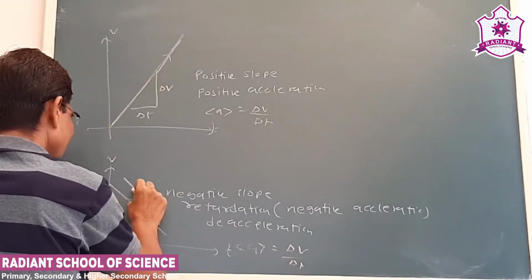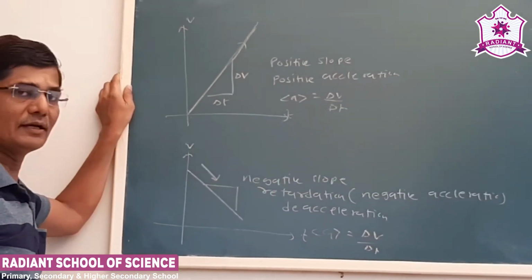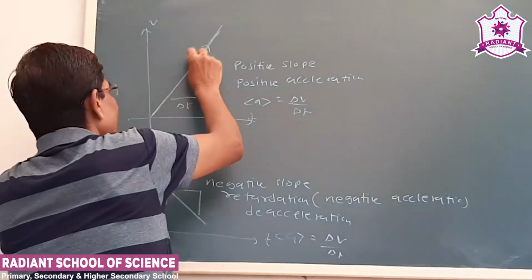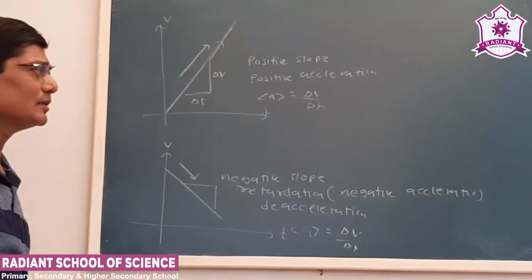So if the v versus t graph is going downwards, we say it is a negative acceleration, and if it is going upward, we say there is a positive acceleration.